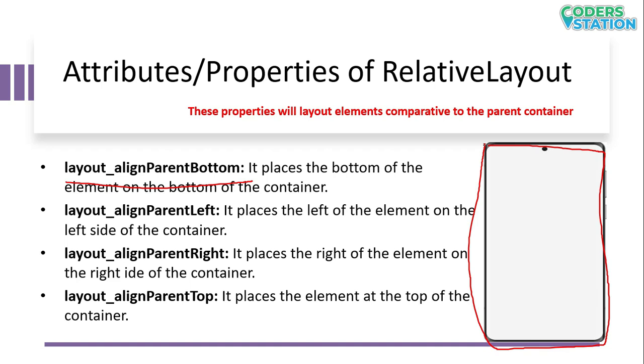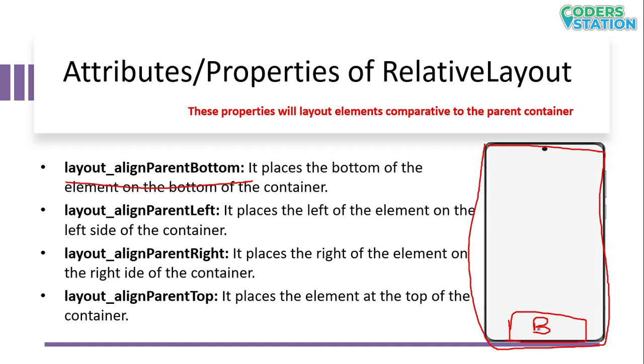When we place the button, we set its property as alignParentBottom equal to true, so that button will be placed at the bottom of the screen. So we'll say that this B is the button which is placed at the bottom of the screen.